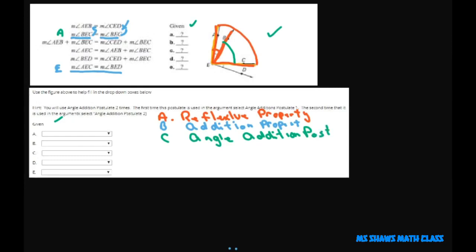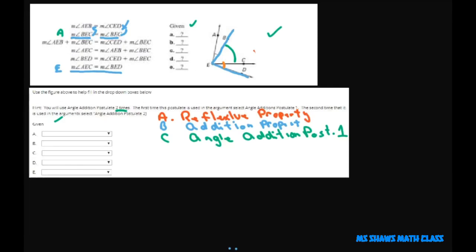Postulate. And we're going to use it 2 times. So the first time we're going to use it, we're going to write 1. All right. And then we're going to do it again. But this time we're going to say angle BED equals these two angles, CEB and CED, or BEC.